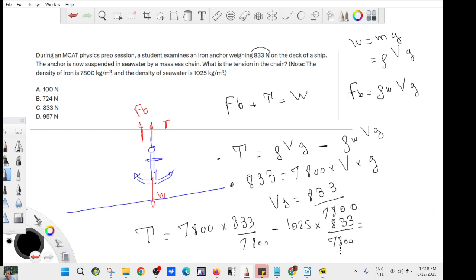You should try to simplify as much as possible. So this one you can say it's 8,000, this one is 8,800 about. And if you do that, you get 724 Newton.